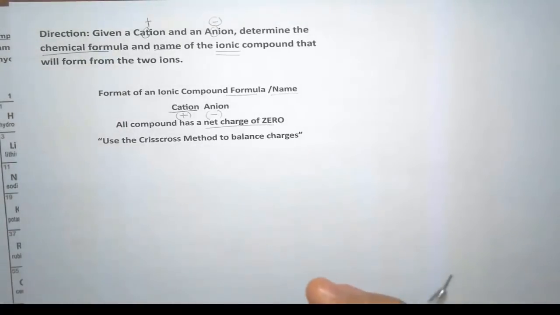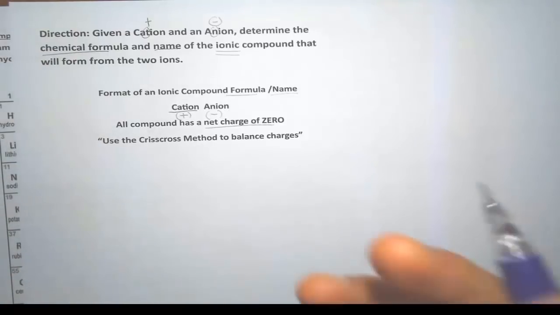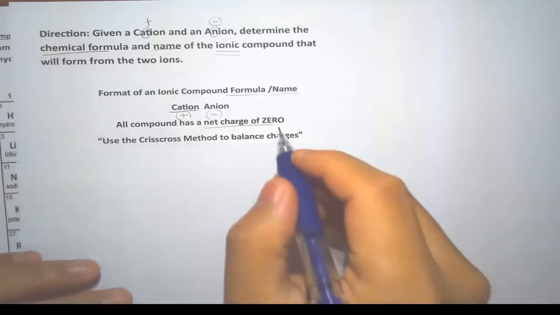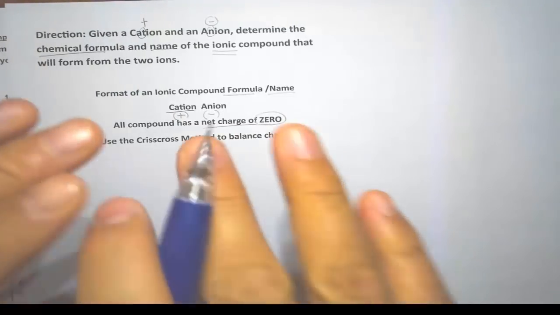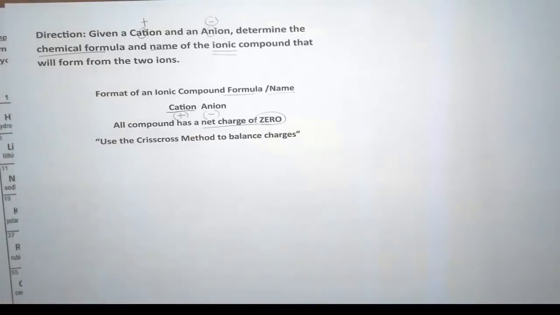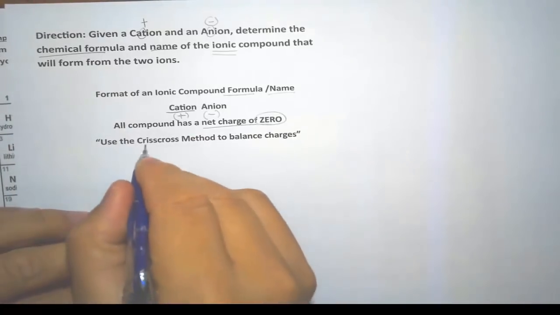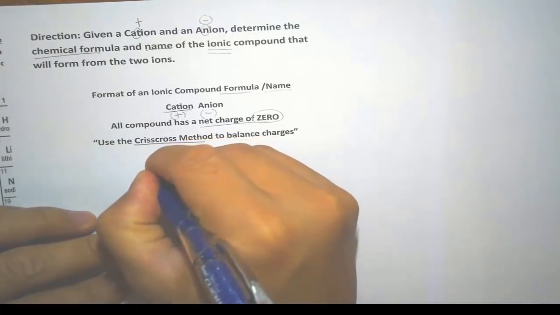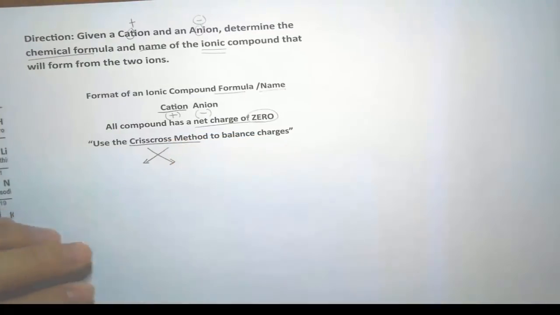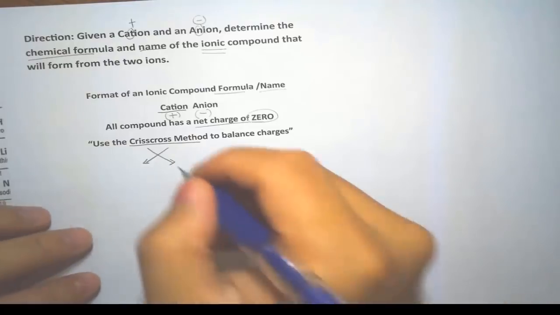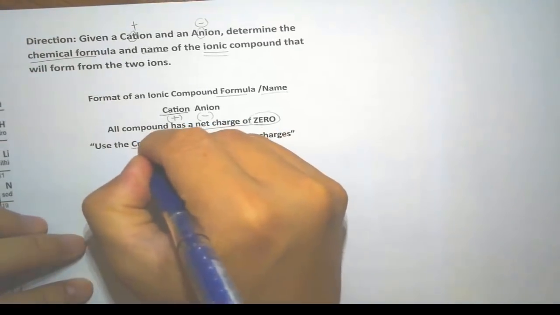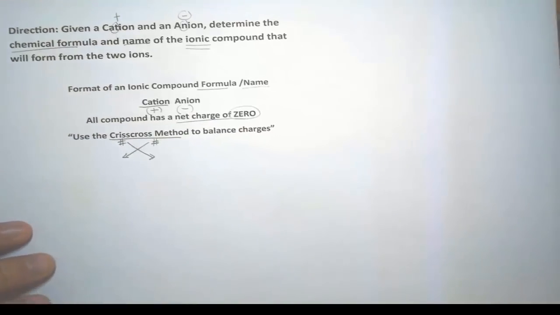When an atom or a compound has a charge, it is unstable, and therefore it will be reactive to another substance until it has a net charge of 0 as a whole. And the method we call is the Crisscross Method. Think of a basic crisscross, as simple as that. But the only thing we're going to crisscross is the number, specifically the number. So keep that in mind.